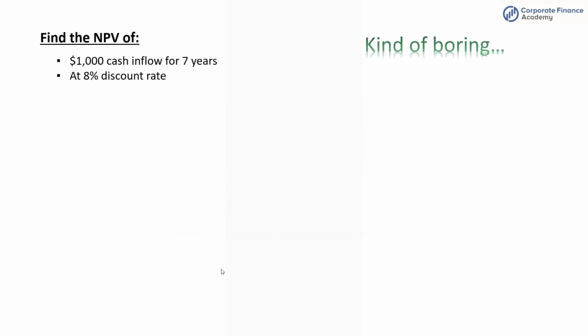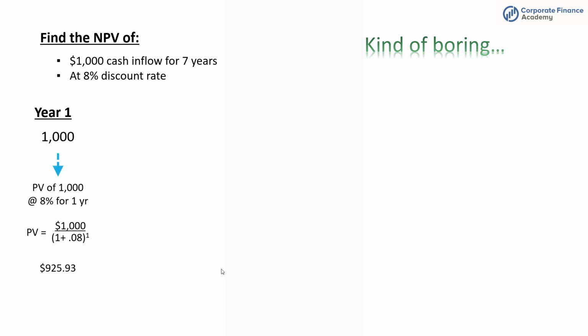Now I'll go through a simple example. And I get it's kind of boring, and all the numbers you'll see on the screen are a little bit boring, but let's say you have a $1,000 cash inflow in each of the next 7 years, and you have an 8% discount rate. In year one, you have the present value of $1,000 at 8% for 1 year.